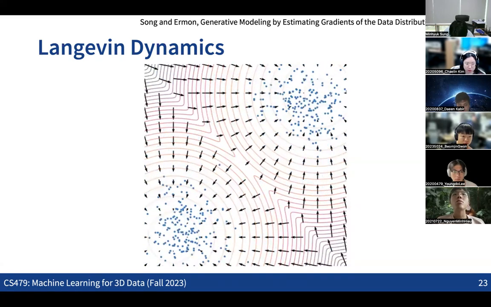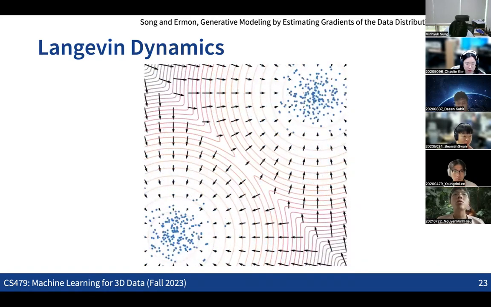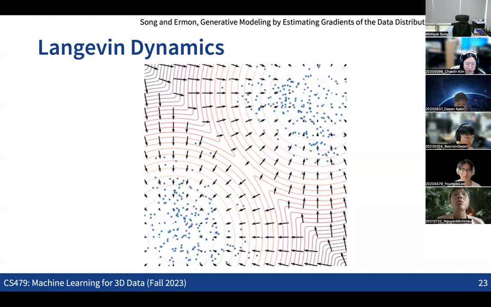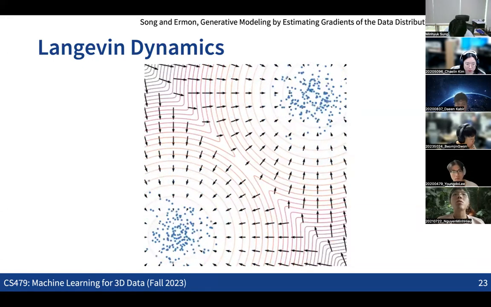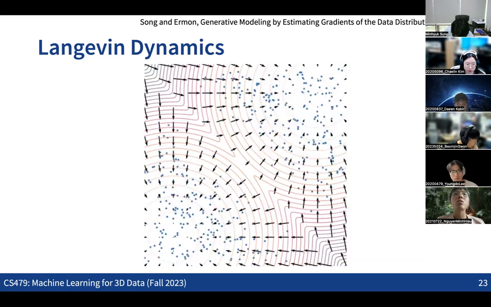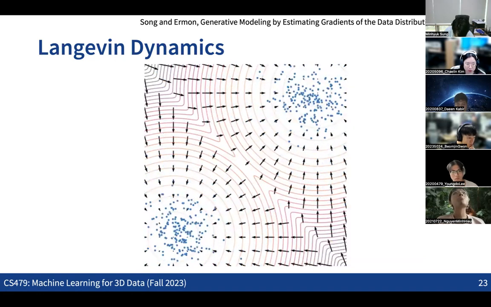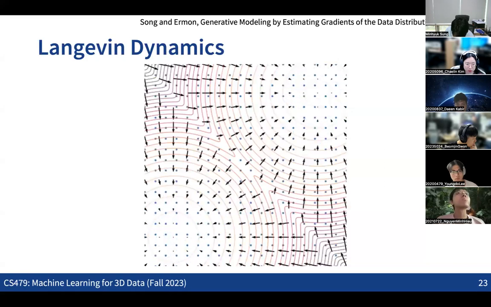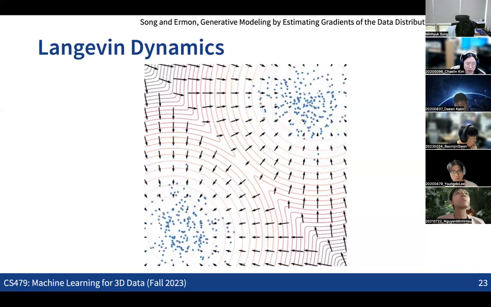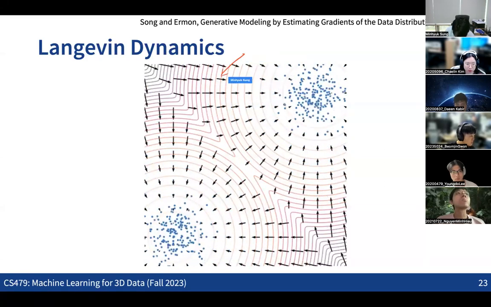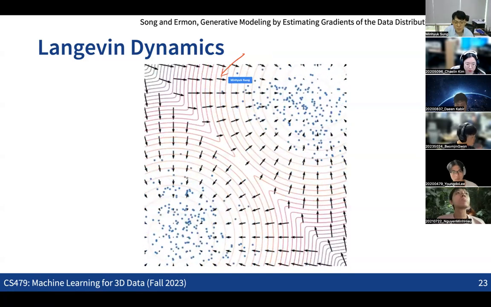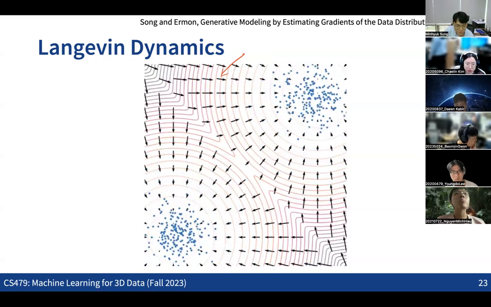The red lines indicate the data distribution that we want to learn, and the black arrows show the score information for each point, indicating where we need to send each data point. So these black arrows are the score information.